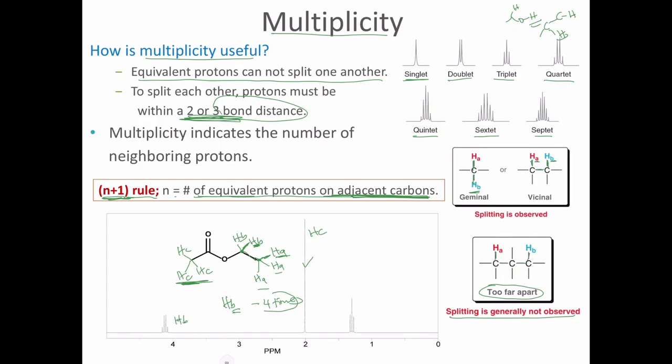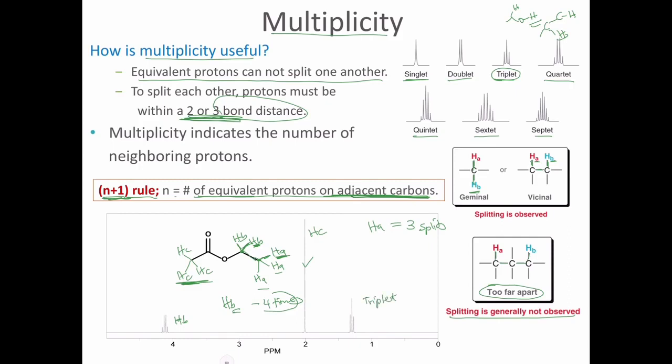How about HA? HA is going to be split. We have 2 protons here, so 2 plus 1. So HA is going to be split 3 times. So we're going to have 3 splits. We call that multiplicity. So it's going to be a triplet, okay? So here we have a triplet.